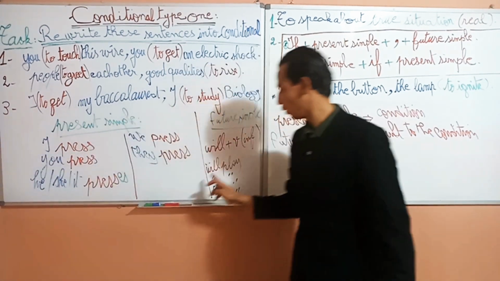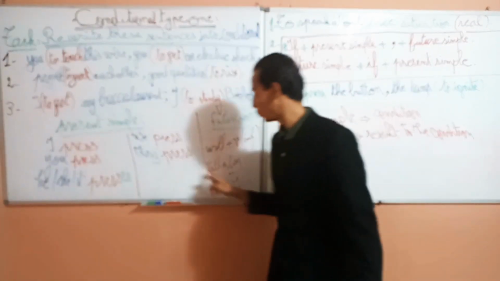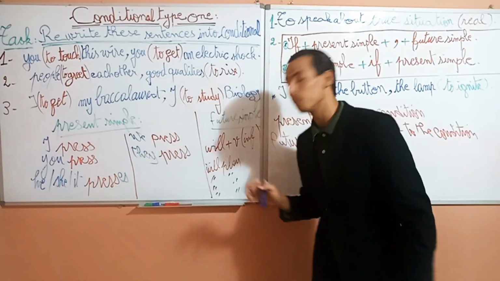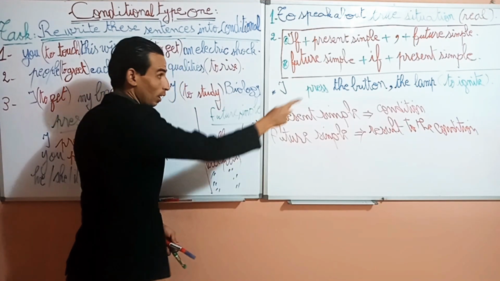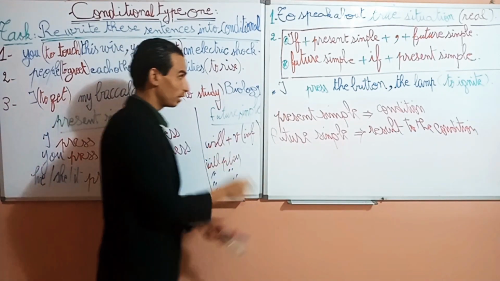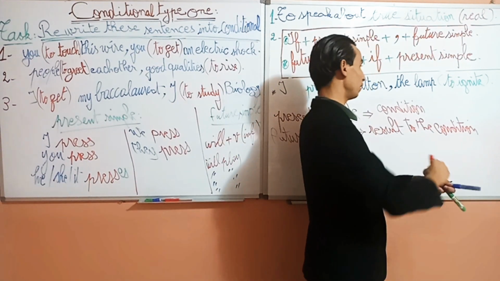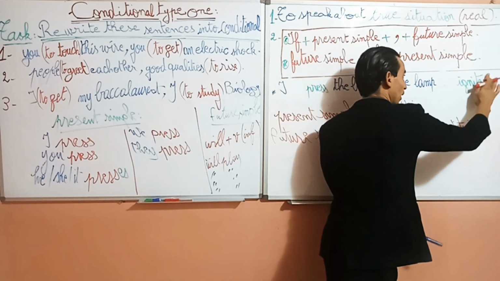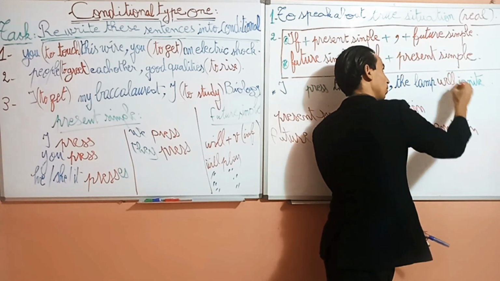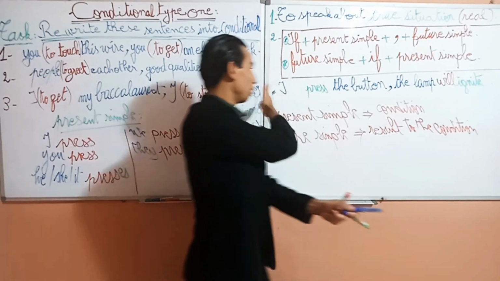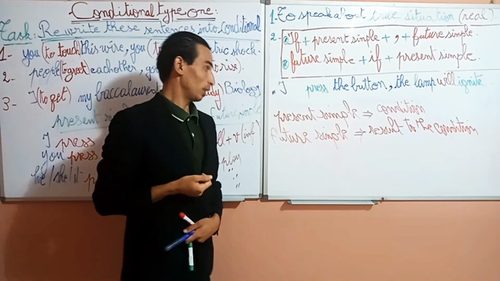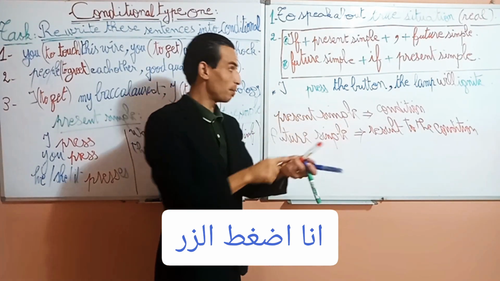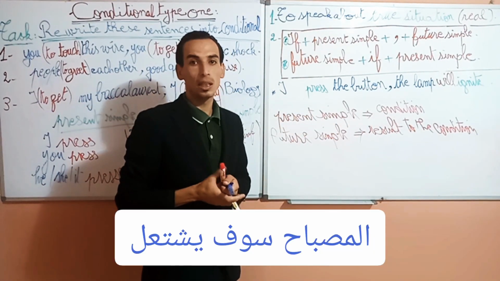We say I will play, you will play, he, she, it, we, they will play. The verb number 2 we write, we omit to the brackets, we write will. And now we read I press the button, the lamp will ignite.